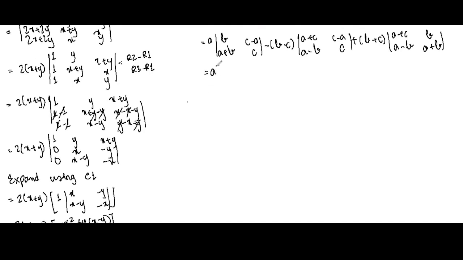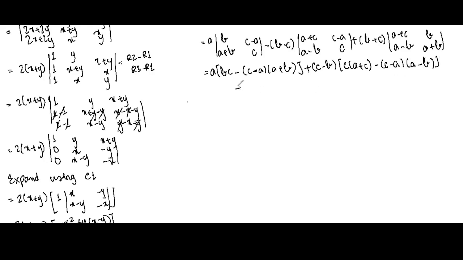So a into bc minus c minus a into a plus b, then minus into b minus c. Okay, let's change this negative sign, make it positive, and then multiply this negative sign with these two terms. So we get c minus b into, let's multiply these two elements, c into a plus c minus c minus a, c minus a into a minus b.